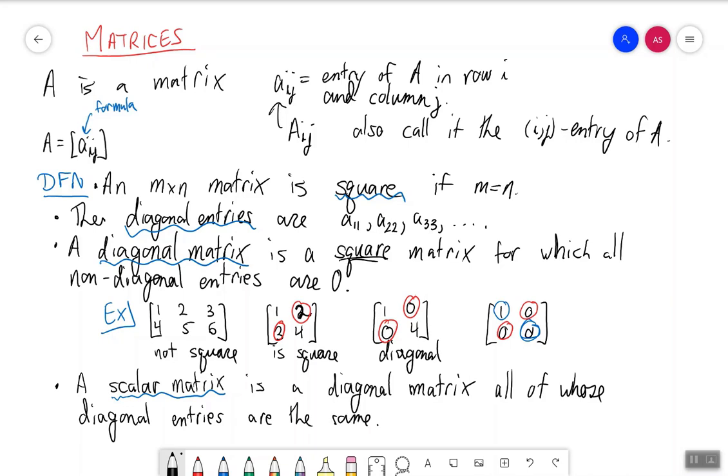So for instance, the matrix 2, 0, 0, 2 is a scalar matrix because this entry and this entry are the same, and it's diagonal.